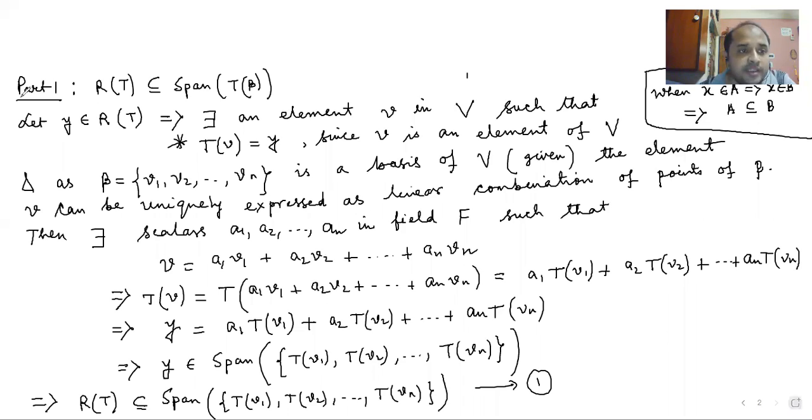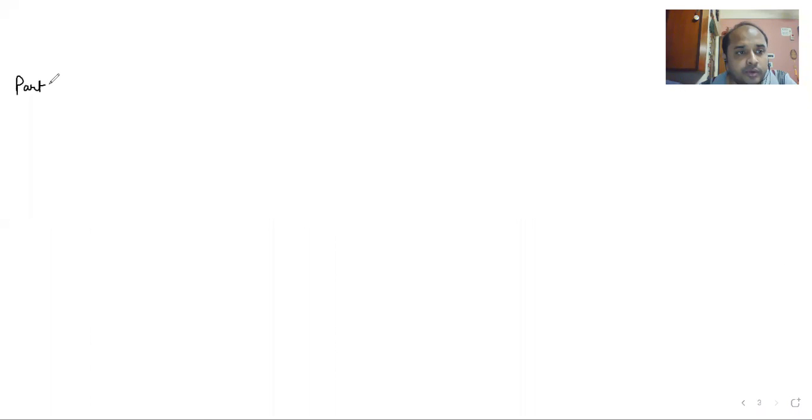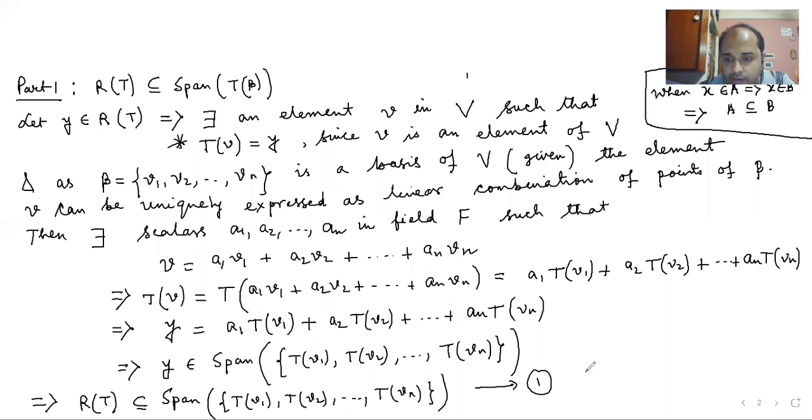So part 2 is, I'm going to show in part 2 that span of T beta is a subset of RT. You can write it as RT is a subset of span of T beta.